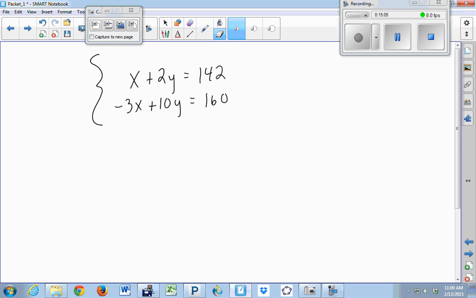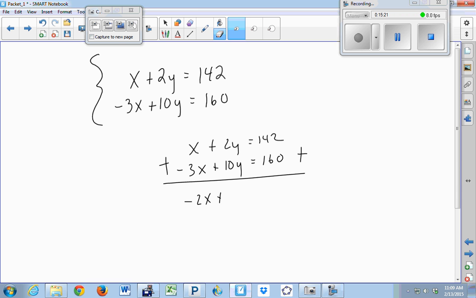So the addition method says, what if I add both sides together? That's legal. I can add both sides together. Let's see what it gives me. I'm going to add the left sides and the right sides. So I get negative 2x plus 12y equals 302.